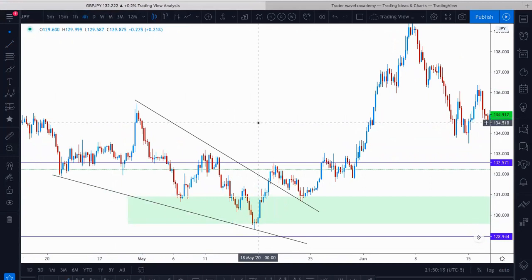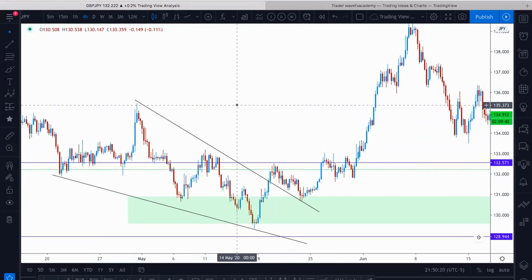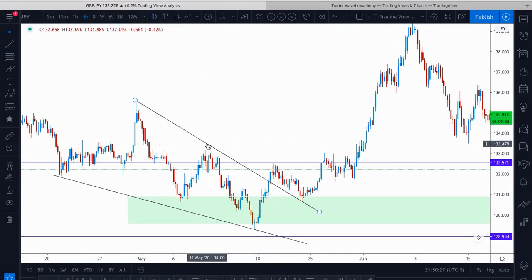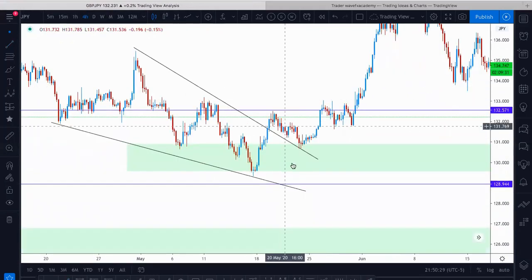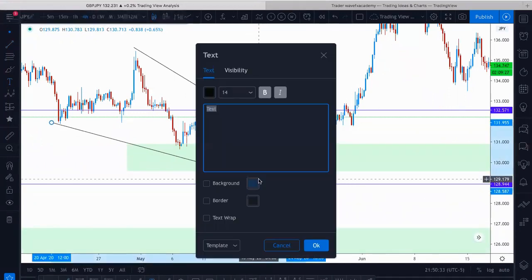It either appears between wave 3 to wave 4, or it appears between wave A to wave C, meaning that it would fall within wave B. So we can now identify this level here to be our B wave system.